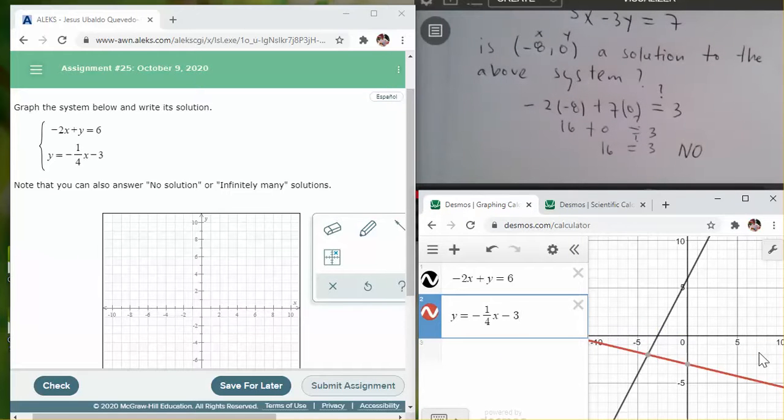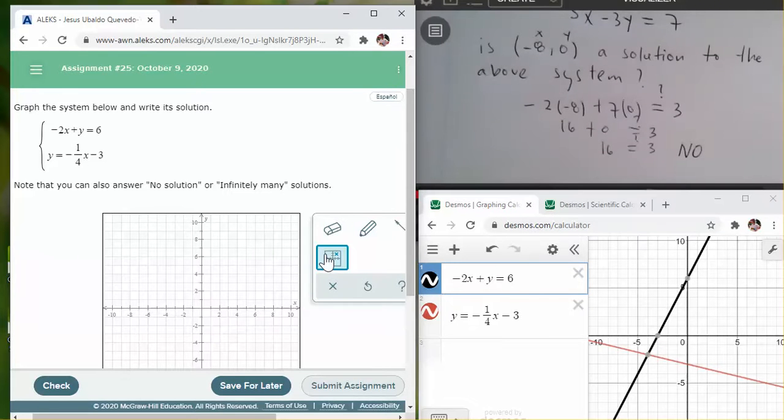I see an intersection, so there is a solution. We click on the intersection. That's negative 4 and negative 2. However, we need to do the graph here. I need 2 points per graph. So 0, 6, and negative 3.